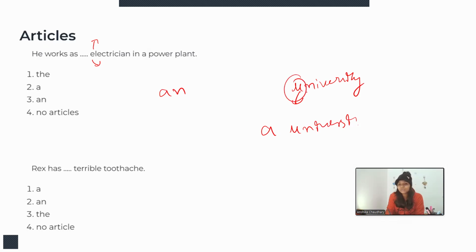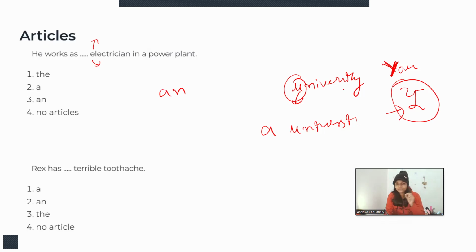Why? Because the sound that comes from the word university is "you", Y-O-U. In Hindi it is kind of "U", which is a consonant, right? My audience are primarily from the South, so they may not know Hindi. That's why I'm writing it as U. And what is it in the alphabet, a consonant, so we will use "a" only.